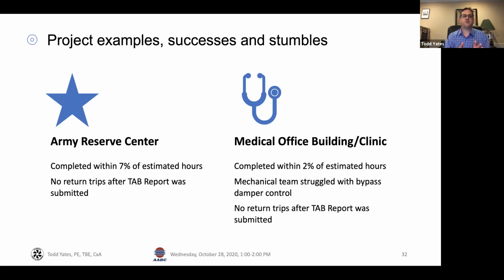It's very easy for someone to push that problem off on test and balance and say it's a test and balance issue, bring them back again. That didn't happen. That got worked out through the commissioning process. And by being part of that team, we were able to accomplish that. Without them, very likely the kind of thing that could have become our problem. But again, with this project, we had no return trips after the TAB report was submitted.